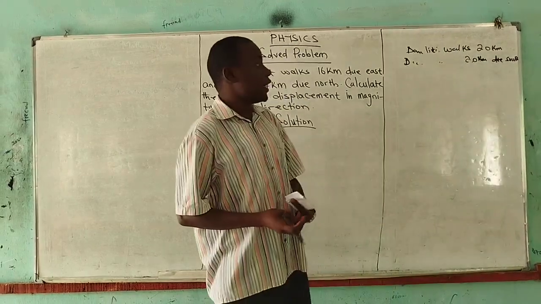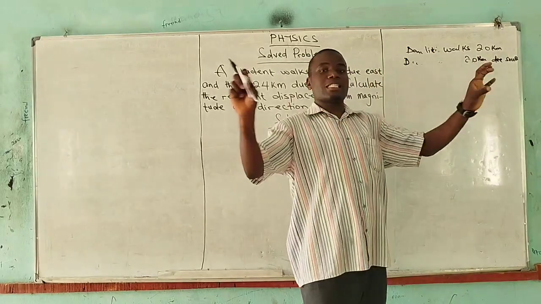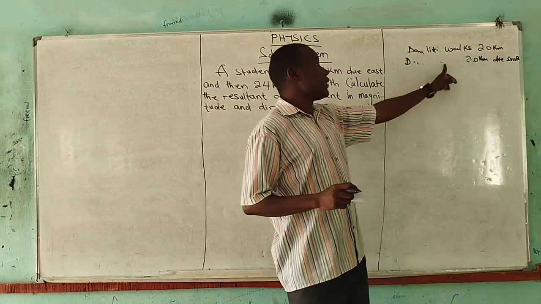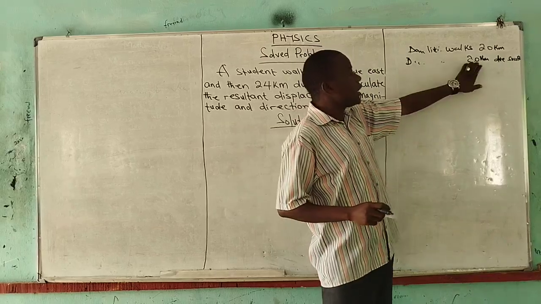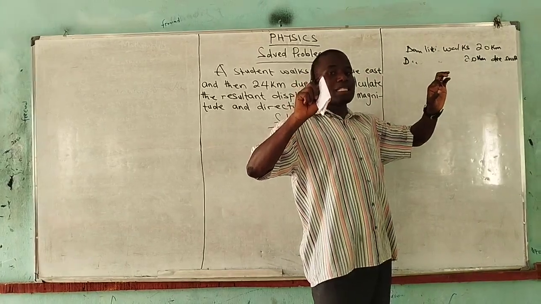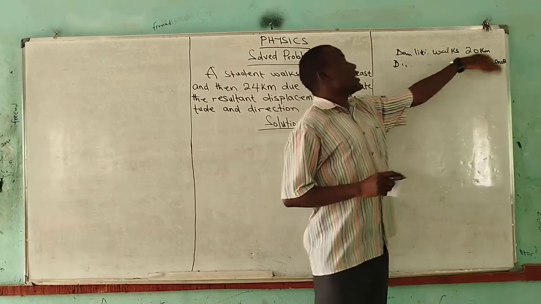So as you can see here, now I get the magnitude, that is the size of the distance covered, which is 20 kilometer. In the second example, I said LET walks 20 kilometer due south. I get the magnitude, that is the size of the distance covered, and the direction, because I said due south.